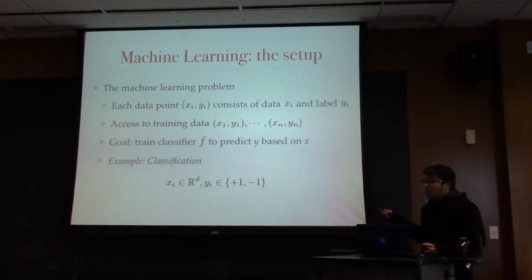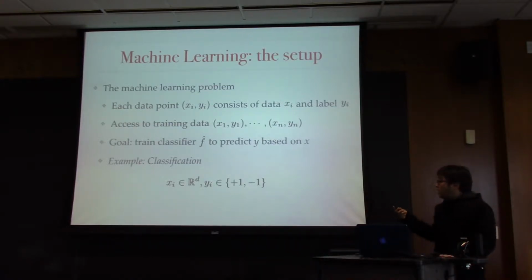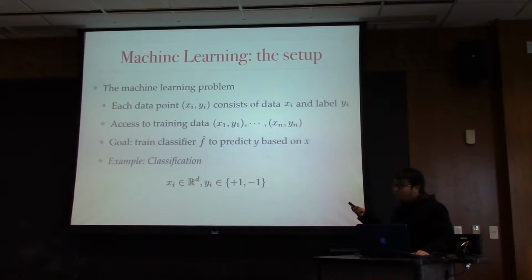One example is the binary classification problem. In this case, the xi would be a d-dimensional real vector. This can be the feature vectors of your data, and the yi, the label, is usually binary. So +1 would be positive examples, and -1 would be negative examples.